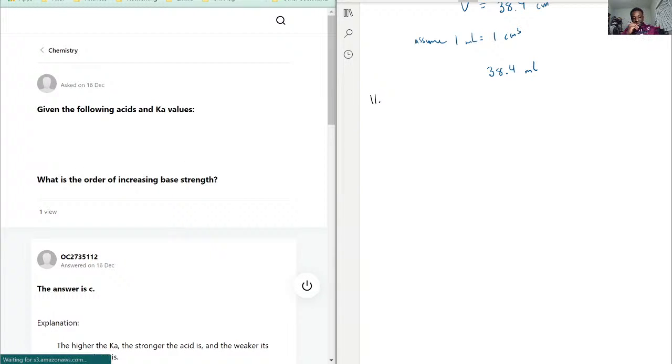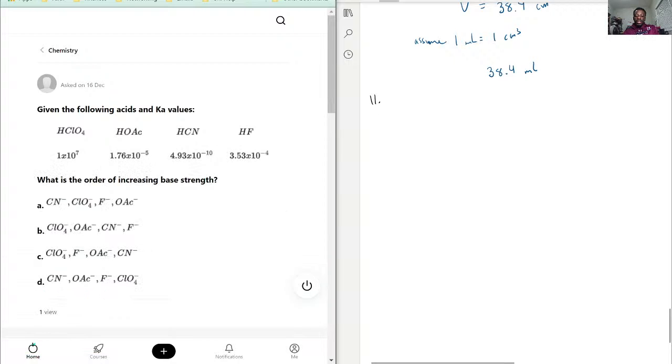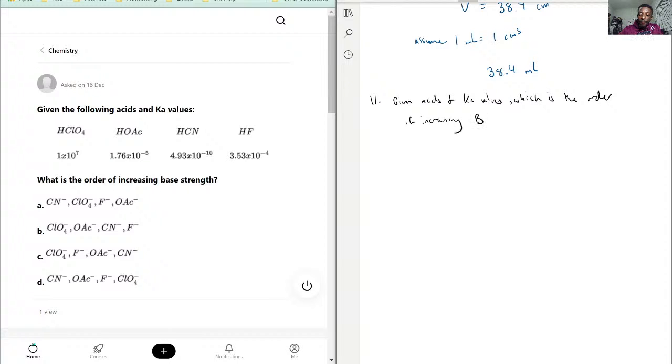And now question number 11. Given the following acids and the Ka values, which is the order of increasing base strength? And I emphasize base because that's not acid. We're looking for the order of base strength, okay?